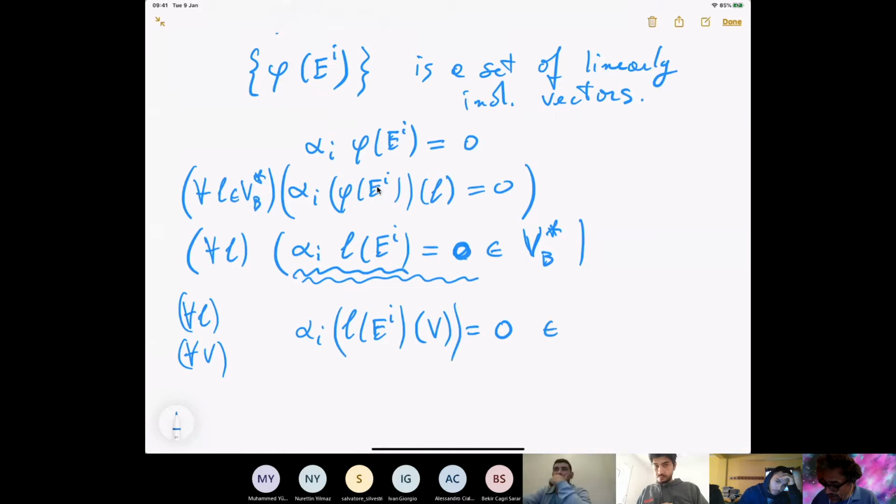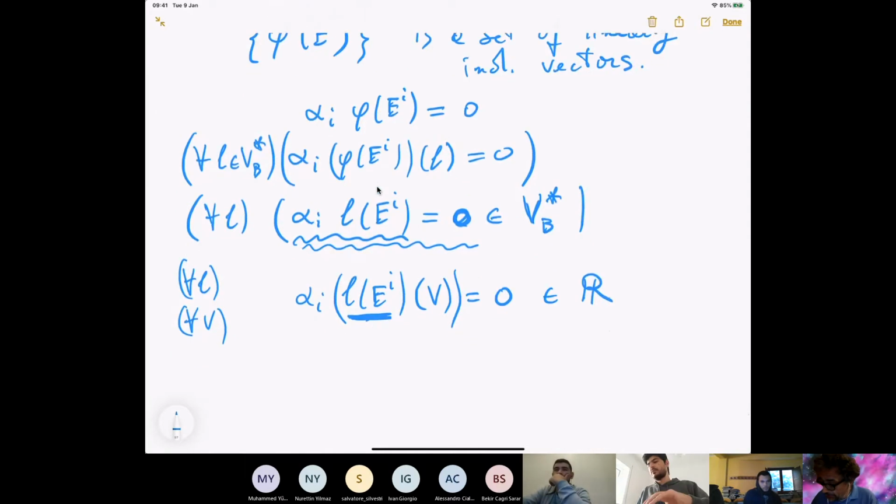This 0 is a real number, because I am applying a linear map in V star B to a vector in VB, so I get a real number.